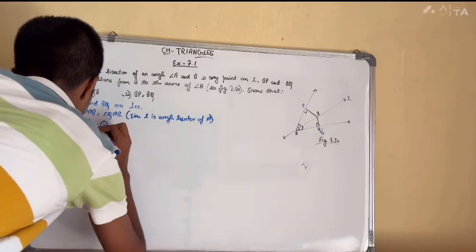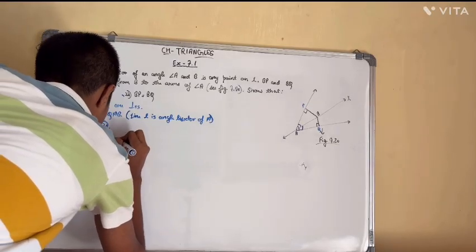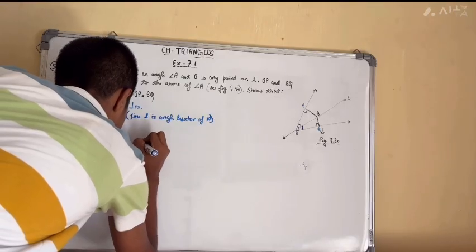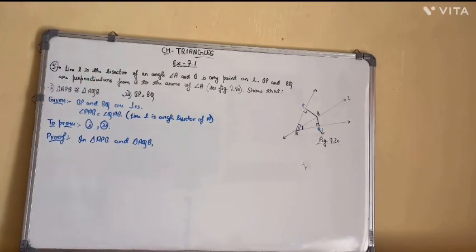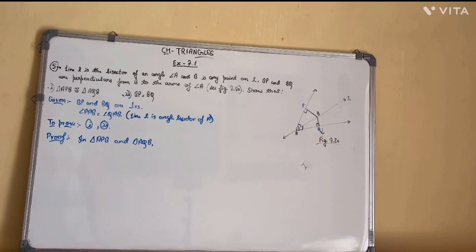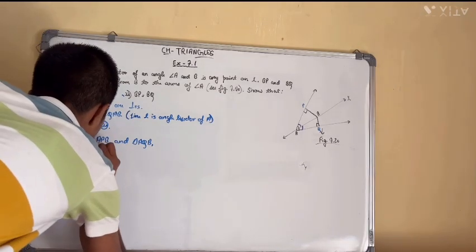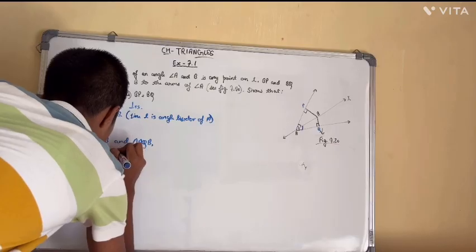In triangle APB and triangle AQB, what can we find similar? Firstly we have proved this, so we can write angle PAB is equal to angle QAB.